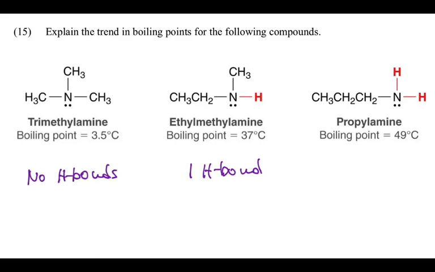You have 1 NH and 1 lone pair, and these can all engage in hydrogen bonding. And then here you can form 2 hydrogen bonds, really. I'll put these in quotation marks because it depends how you count. If you think about the water case, where the NH can act both as a donor of a hydrogen bond and an acceptor, then you actually have 2 in the case of propylamine, okay?